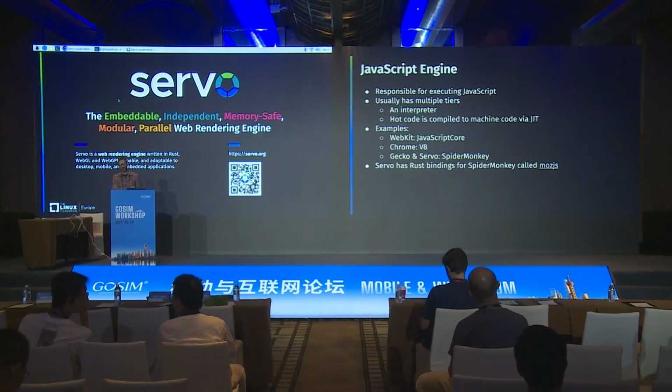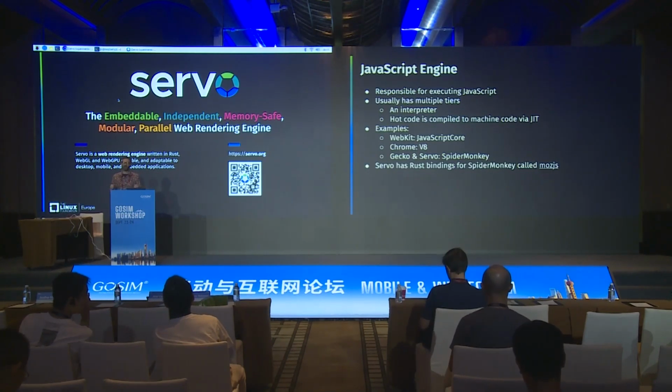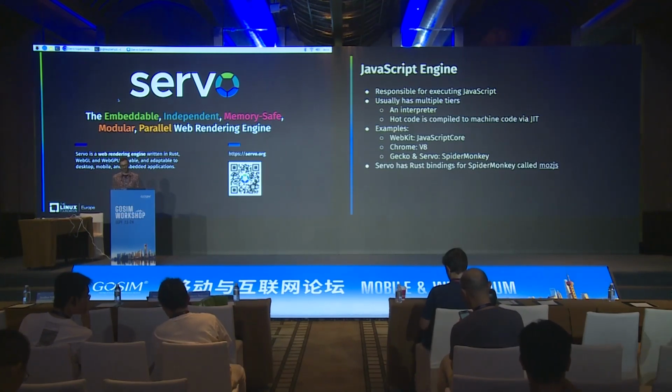What this means is that there are different so-called tiers in the JavaScript engine. For instance, one tier might be a simple interpreter, similar to the way a JavaScript engine operated back in the early days of the web.